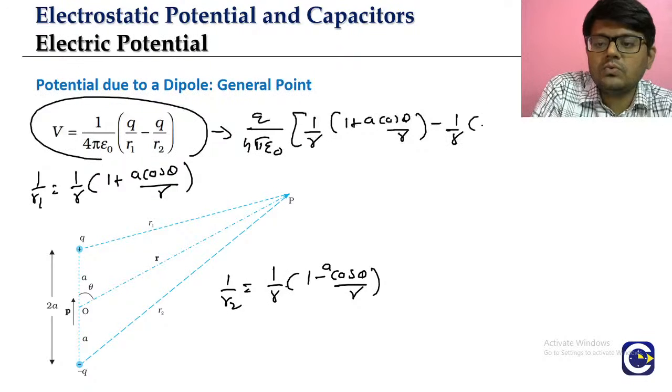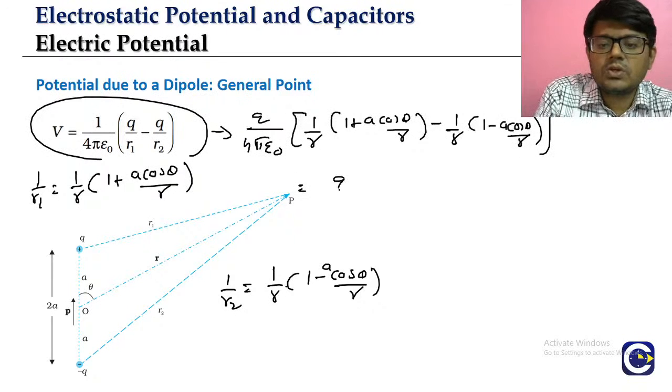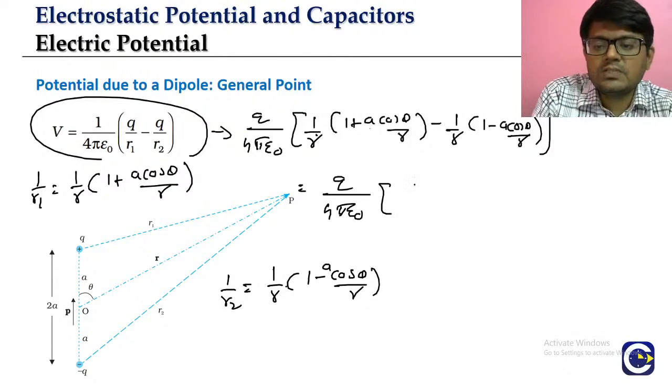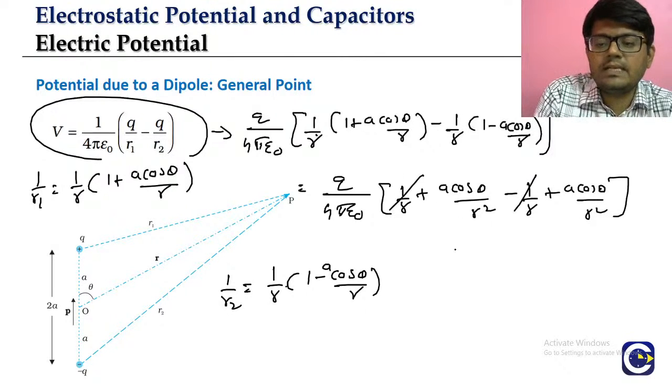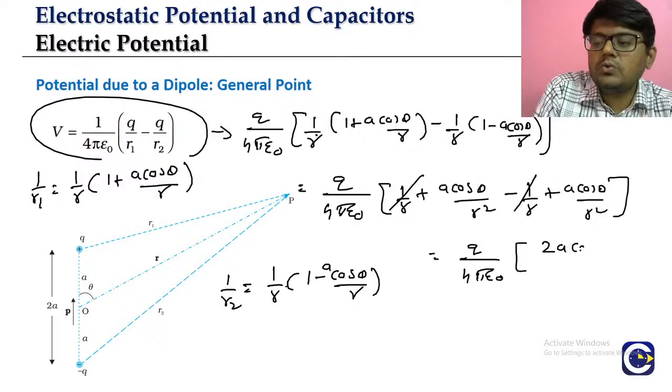So q by 4 pi epsilon naught, this is 1 by r plus a cos theta by r square minus 1 by r minus a cos theta by r square. The 1 by r terms and the signs cancel. What we'll have is q by 4 pi epsilon naught 2a cos theta by r square.